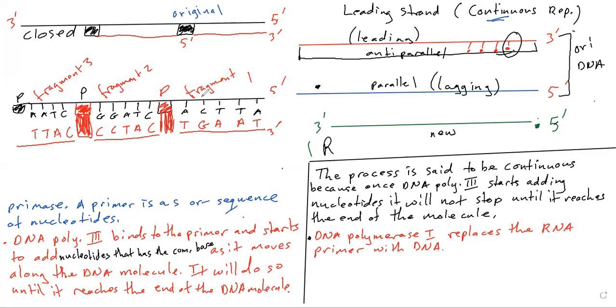We have a special term for these fragments. They are called Okazaki fragments. Once you hear the term Okazaki fragments, that is referring to the lagging strand and discontinuous replication. Now, do you see why it is discontinuous? Is it any clearer?